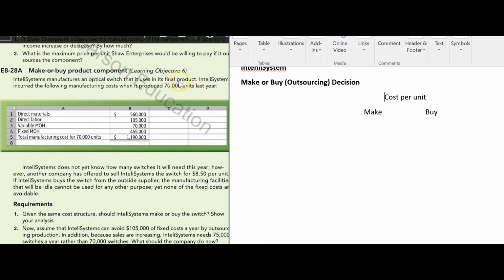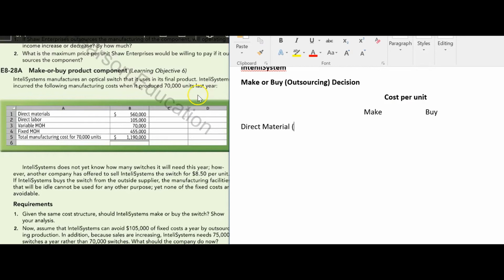It's for these 70,000 units, but we're going to analyze cost per unit. So let's figure out what will be the direct material cost for one unit if they make it.